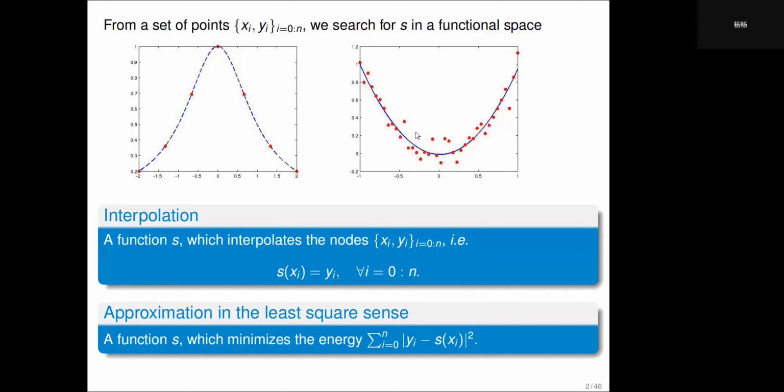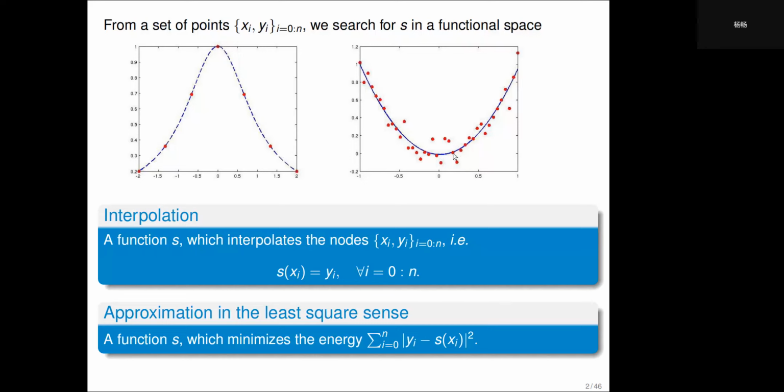Again, we want to find a simple function that can describe the feature of this data. And this time, this function will not pass through all this data. We will not ask this simple function to pass through all the data. We just want the data to be around this function.